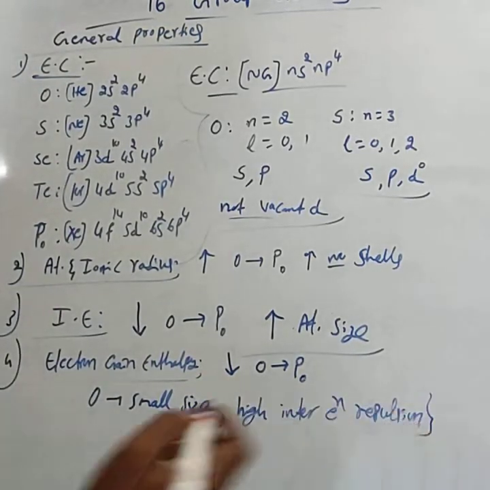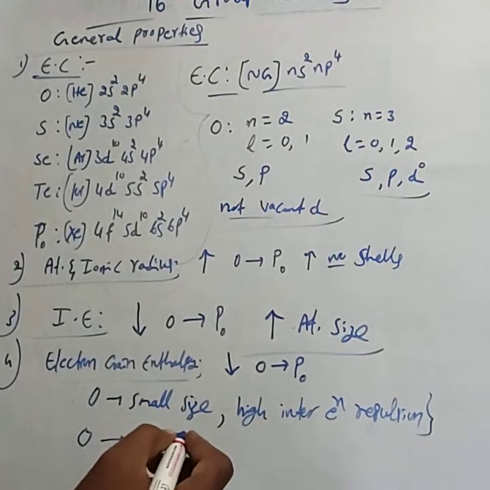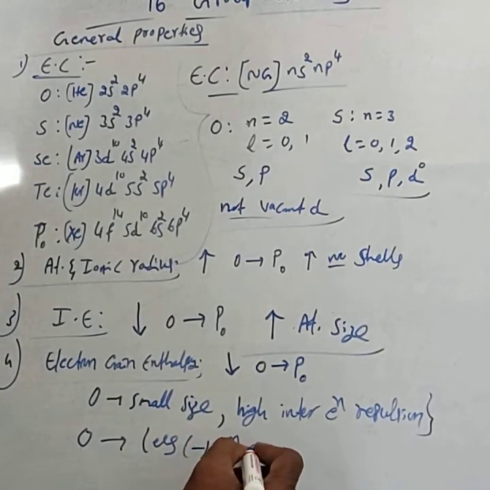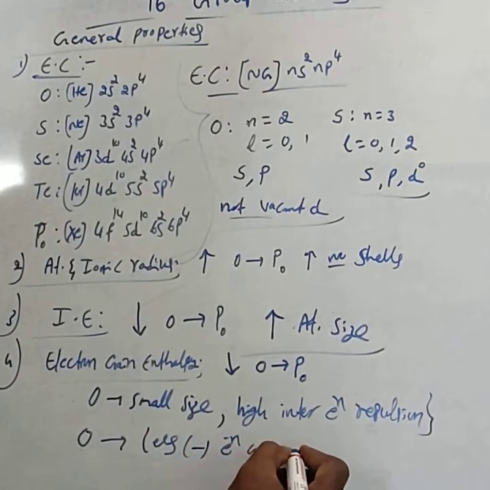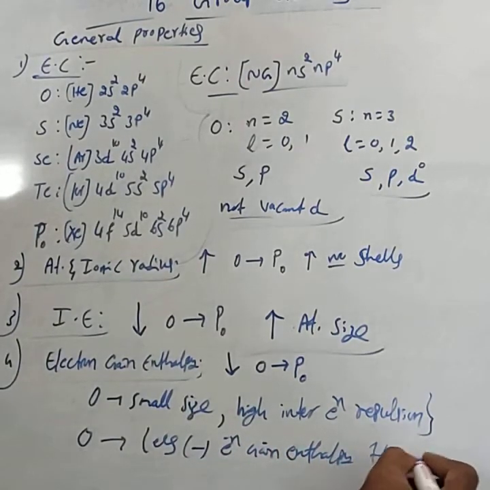Hence, oxygen shows less negative electron gain enthalpy than the sulfur.